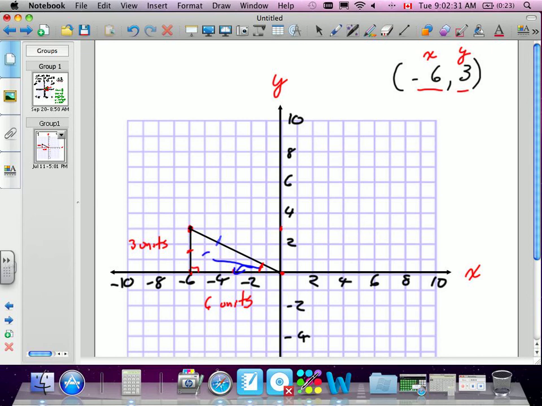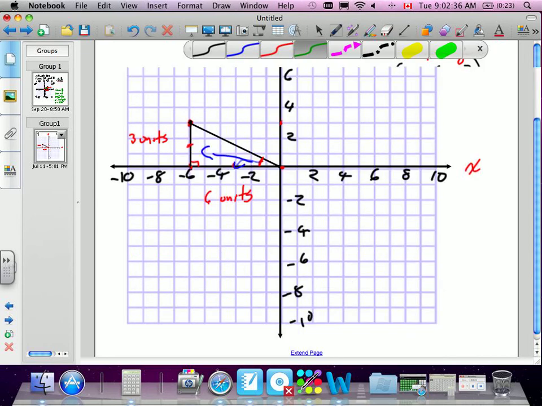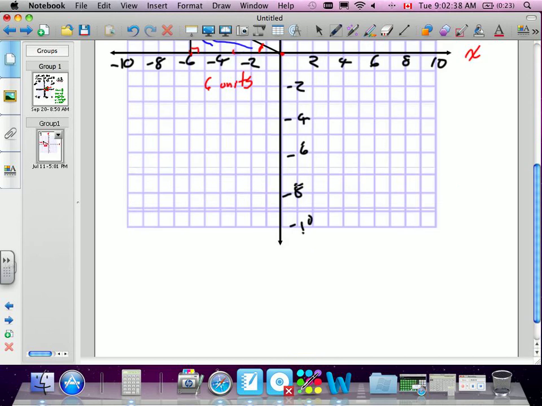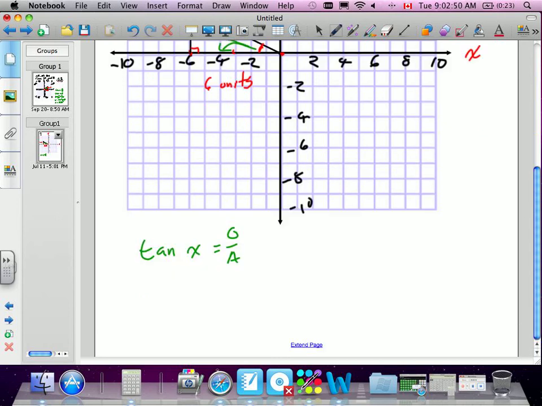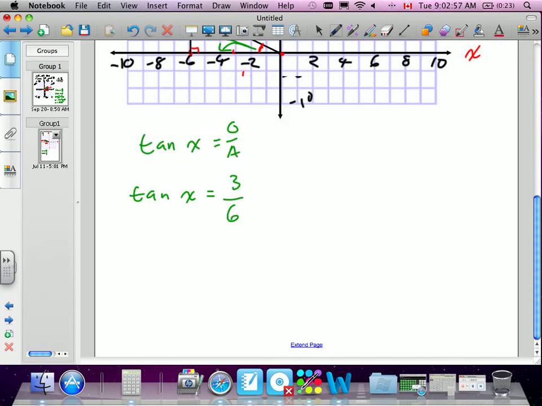Let's scroll down and set up our tangent. Tangent x is equal to opposite over adjacent. Our opposite side is 3 units, and our adjacent side is 6. Opposite was 3, adjacent was 6. If I go down to solve that, 3 divided by 6 is 0.5.